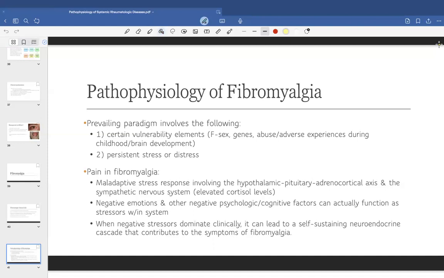Throw in your negative emotions. Again, they become stressors within. And when these negative stressors dominate, it's this whole ongoing, self-perpetuating syndrome.